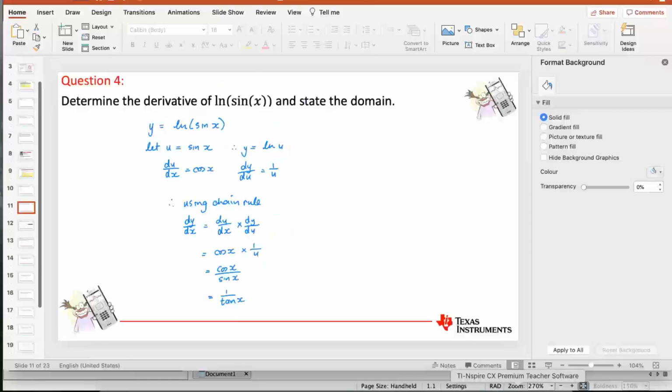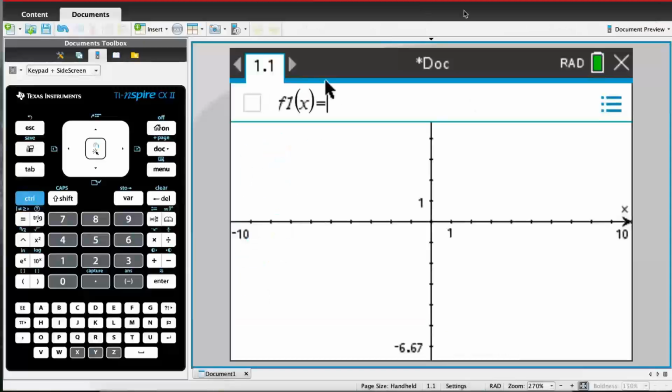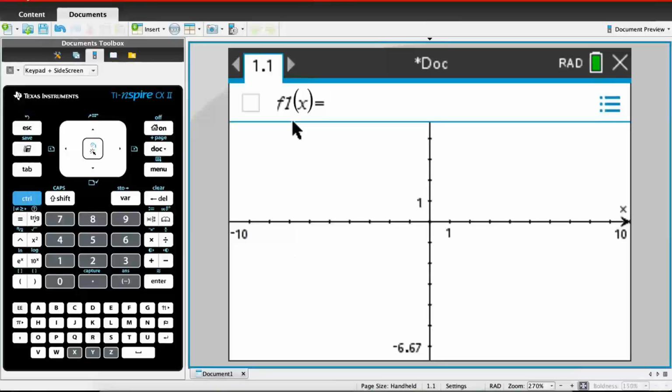There we are. And assuming you can all see my calculator now nice and clearly. So what I'd like to do on my graph page is I'm going to start by drawing a visual of the original function.